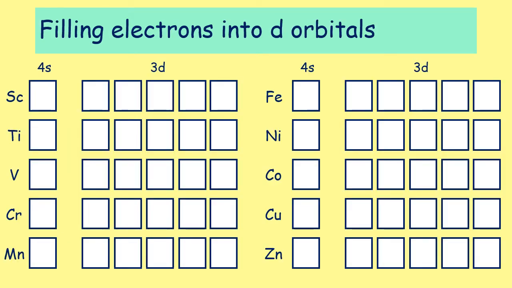Now, when it comes to filling electrons into the d orbitals within transition metals, we actually have to look at not only the d orbital, but the s orbital. In Advanced Higher, you're only really asked to work with the first row transition metals.